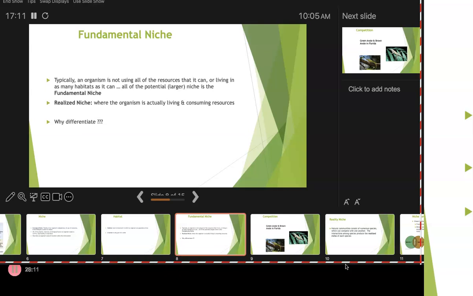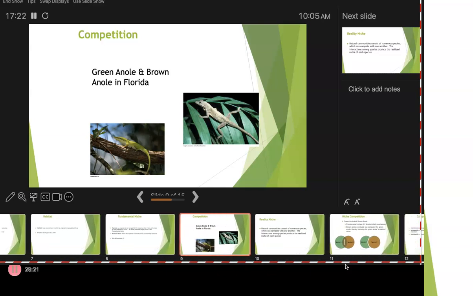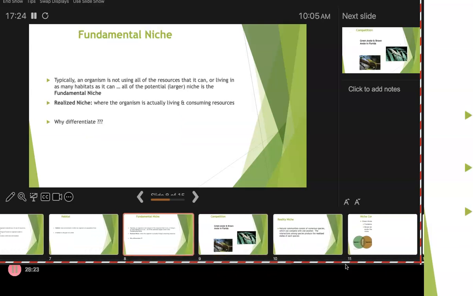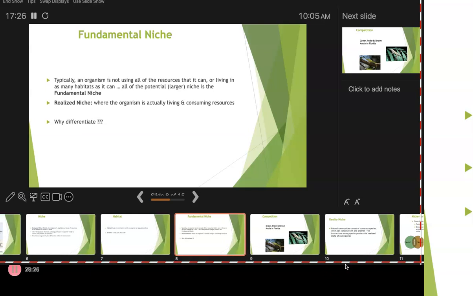Now, why differentiate? I kind of answered that question already. Let me see what the next slide says. I don't necessarily go into it explicitly. So, let's throw that out to you guys. You should maybe come up with an answer or two here.